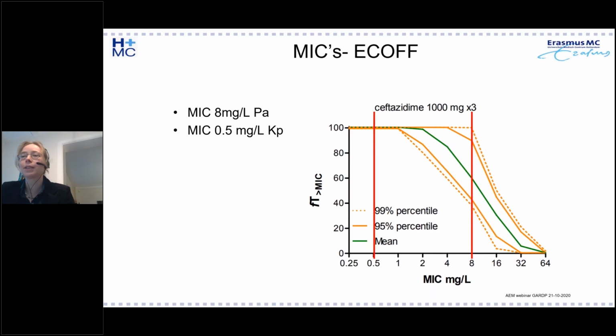You see that they're pretty far apart and in a different area of the graph. If we go first to look at the Klebsiella pneumoniae, we see at 0.5 that it crosses the lines of the pharmacokinetics at also 100% time above MIC. And for the 8, well, that's going to be interesting if we're going to look in more detail. But first, I will show you where the target is.